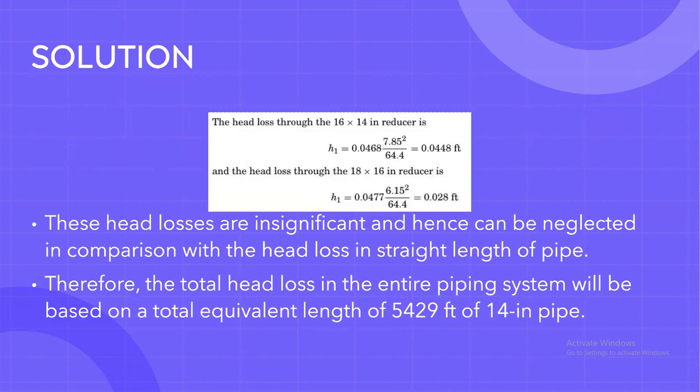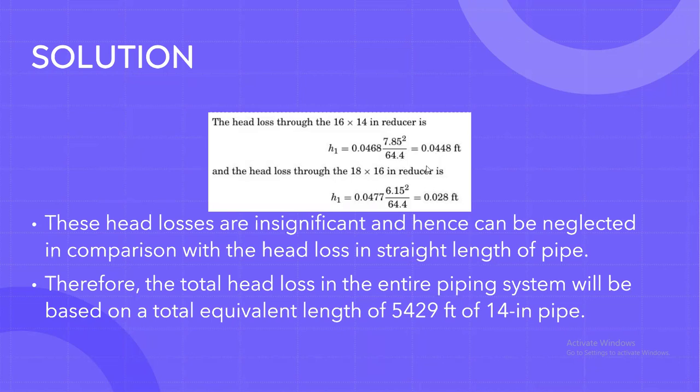So the head loss through the 16 to 14-inch reducer is equal to the K factor times the velocity in the smaller pipe, 7.85 squared over 2g, where g, your acceleration due to gravity, is 32.2, so 2g is 64.4.